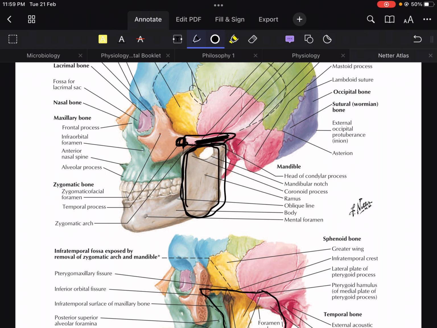What is the name of this part of the mandible? It's the ramus of the mandible. This part is the body of the mandible, but we can't remove just the ramus of the mandible. If we want to remove a part of the mandible, we have to remove the whole mandible, not separately. But we call this part the ramus of the mandible.